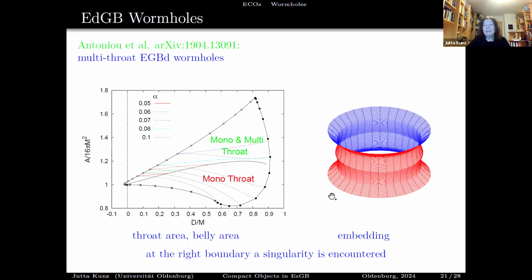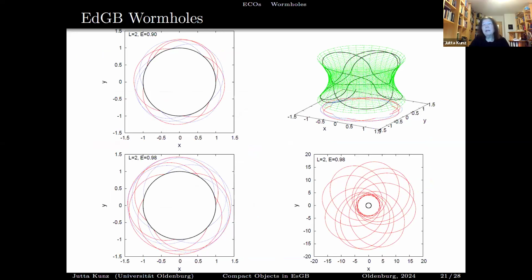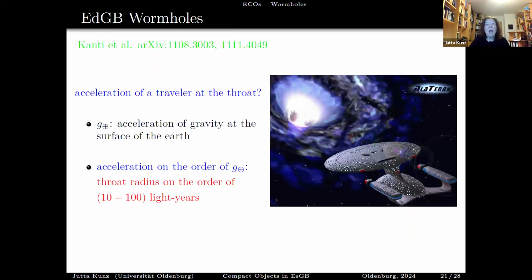So it's a funny new type that we have, and particles, they can have bound states in either universe, but they can also have bound states where they travel from one universe to the other universe.